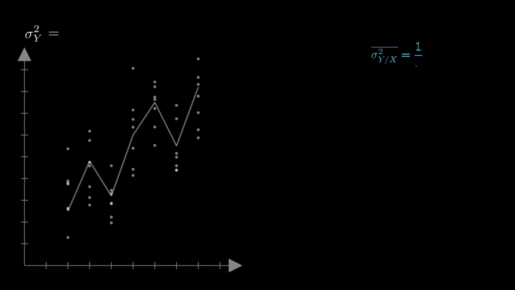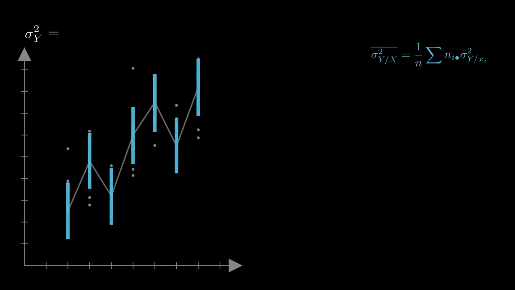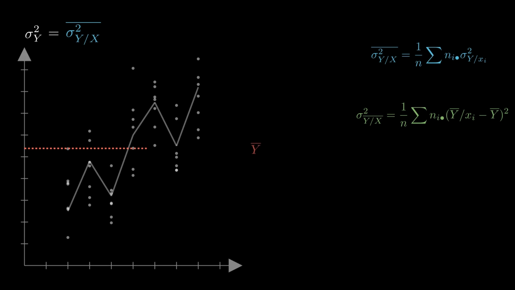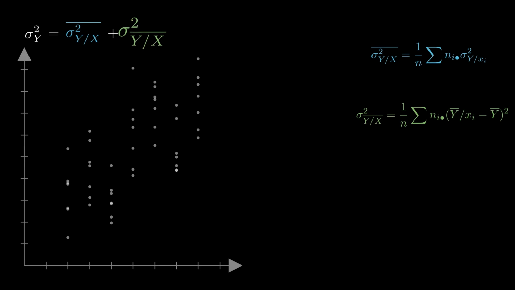First, the chaos inside each of our vertical slices, how scattered the dots are from their own conditional mean. This is the unexplained noise. Second, the variance of the conditional means themselves, how much the glowing path dances up and down. This is the variance explained by x. Total variance equals explained variance plus unexplained variance.